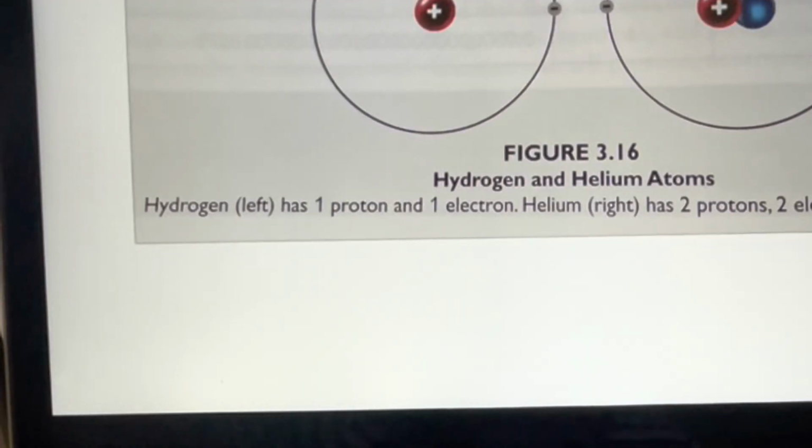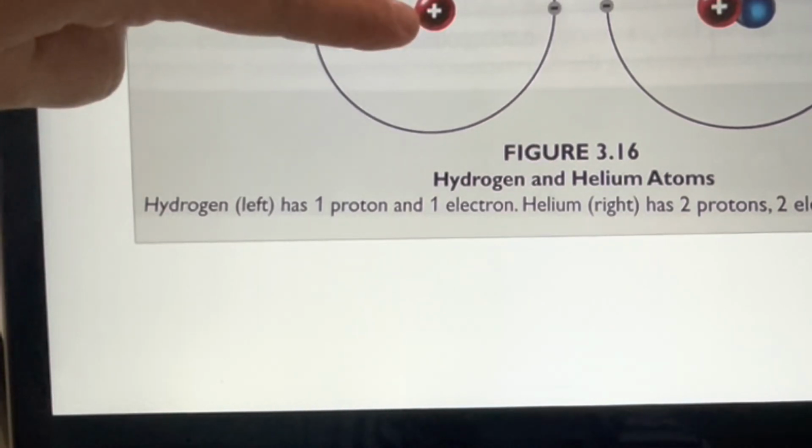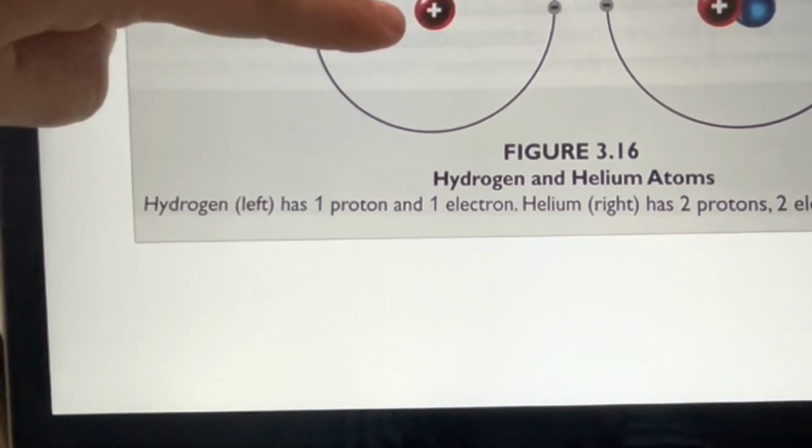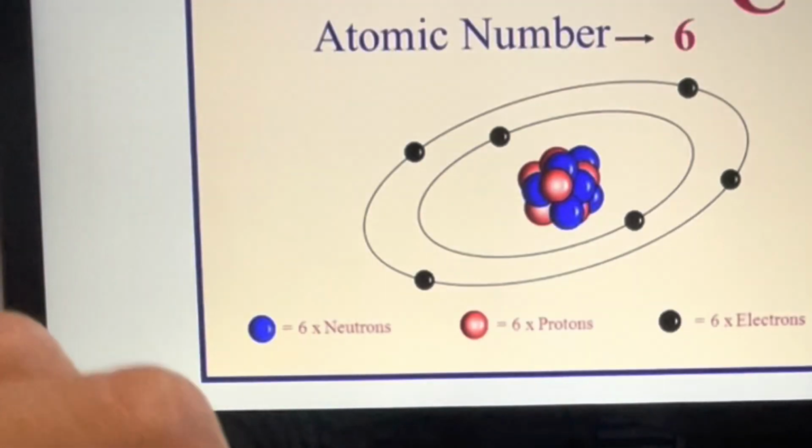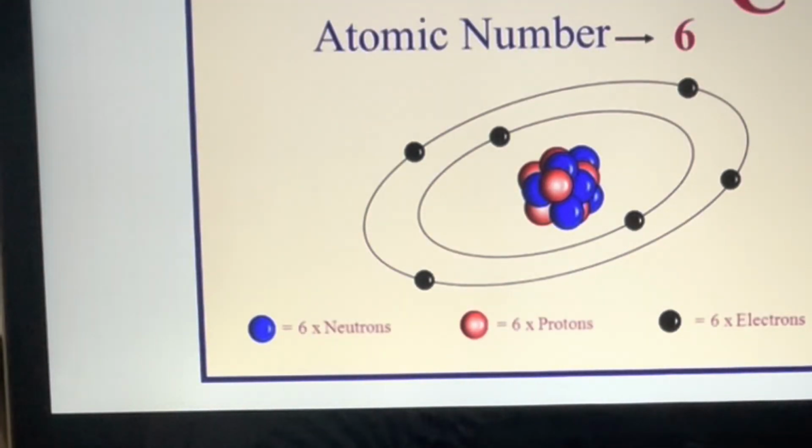We can see here that this has one proton. So we know if there's one proton and one electron, that's hydrogen. Here we have two protons, two neutrons and two electrons. So we know that is helium. So hydrogen has an atomic number of 1 and helium has an atomic number of 2.